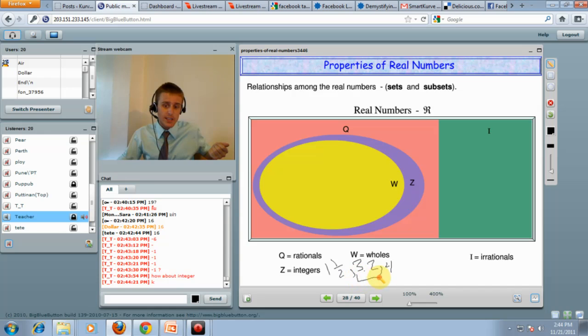So an integer is just another name for these numbers, which is why we see the Z is larger than the W. So whereas only whole numbers go inside this W, 1, 2, 3, within this Z would also include 1.5, 2.5. Those are integers. Okay.